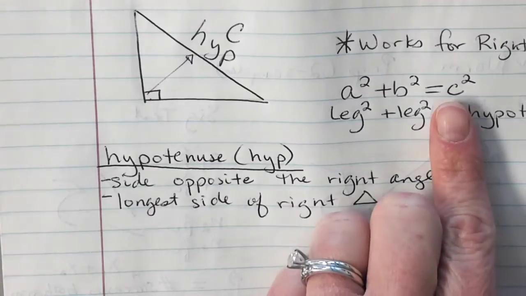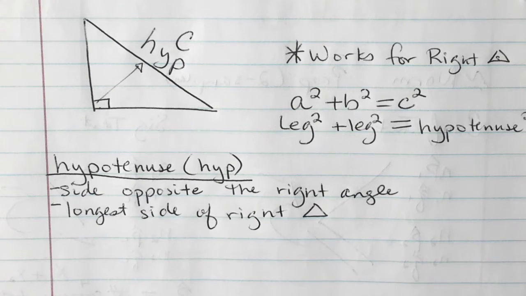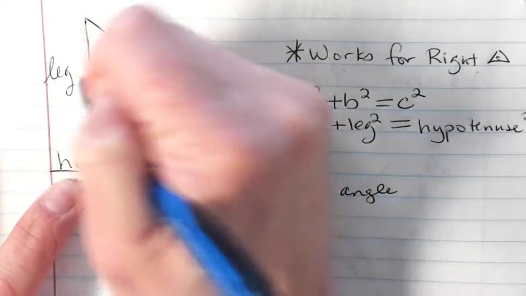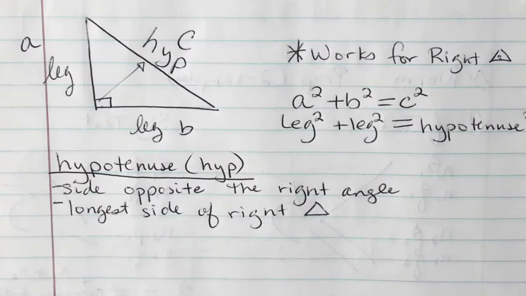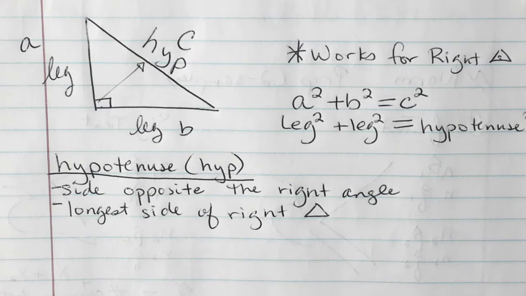So in this formula where you see C squared or hypotenuse squared, it's talking about that side opposite the right angle. The other two sides that come together to make the right angle, we call each one of them a leg. And you get to name one A and the other B, and it doesn't matter which one you name as A or B. A and B, the two legs, make the right angle. So it's just important that we make sure that this all works.